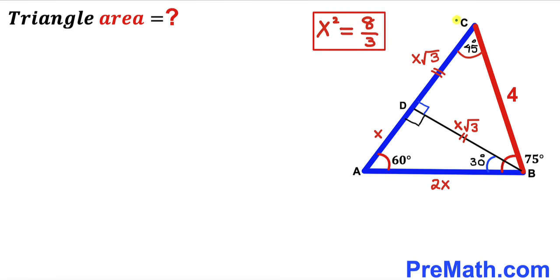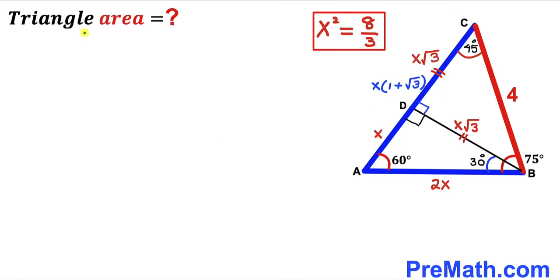Now let's focus on this side AC, which is the sum of these two individual lengths, x and x times the square root of 3. So we can write the side AC length as x plus x times the square root of 3. Here x is in common, so we could write x outside: x times 1 plus the square root of 3.